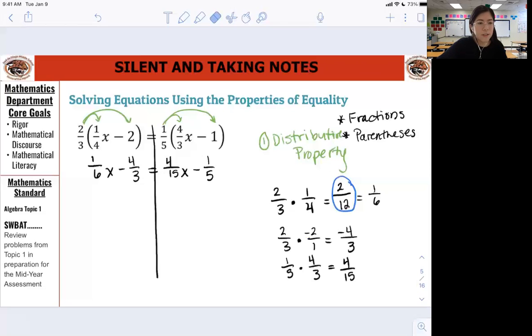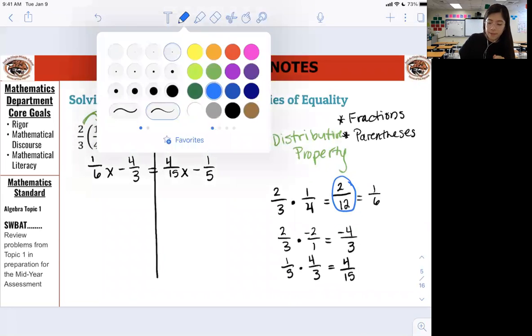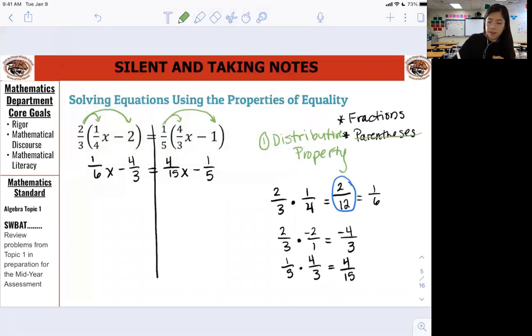All right, any other questions on all of that multiplication? Okay. All right, cool. Now, I have all these fractions. I definitely want to get rid of them. I got rid of my parentheses, but I haven't gotten rid of my fractions yet. So, remember what we talked about in the previous problem.